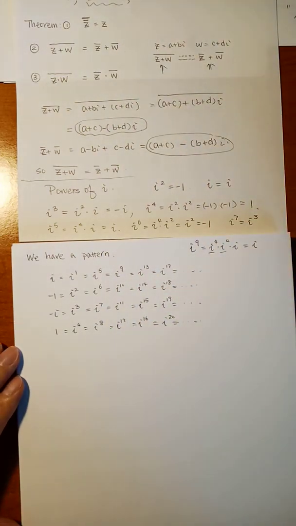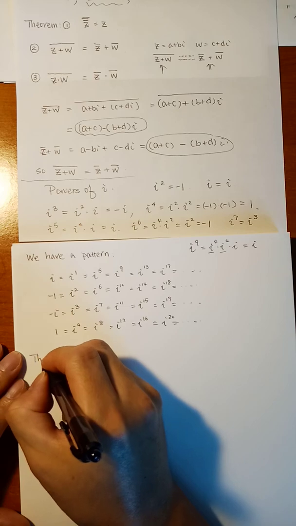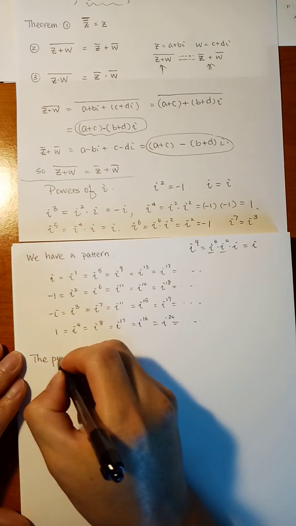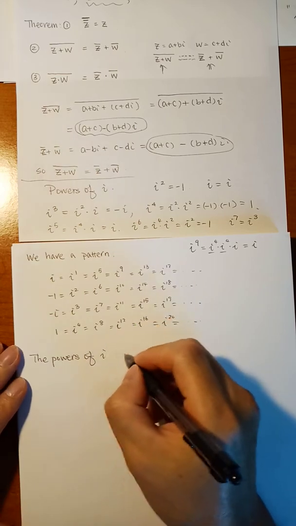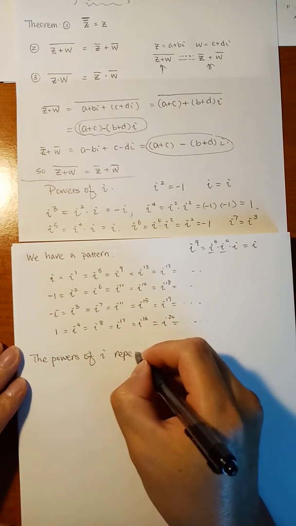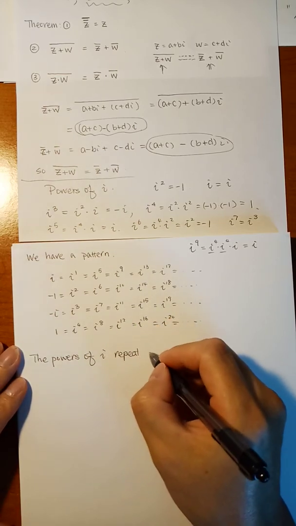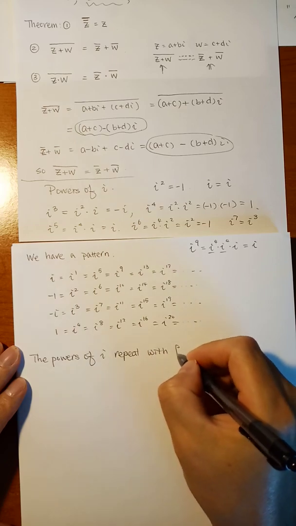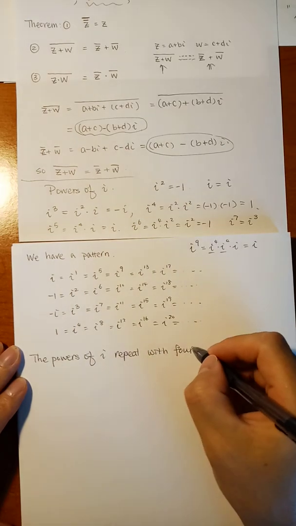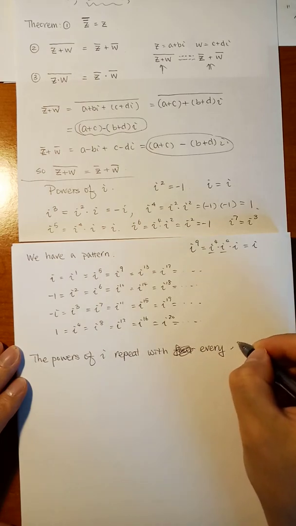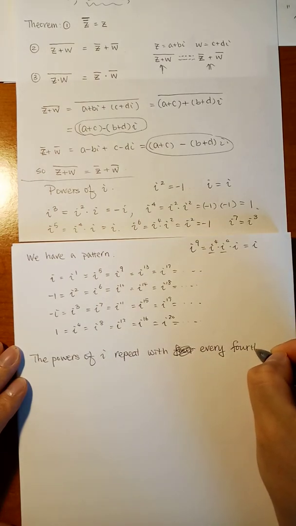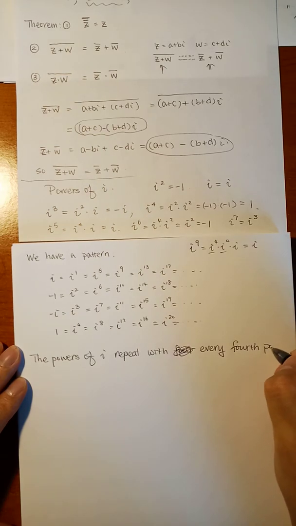There is a periodic property. The periodic property is written this way: the powers of i repeat every fourth power.